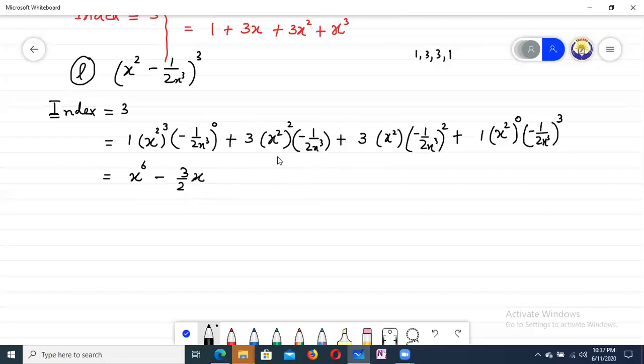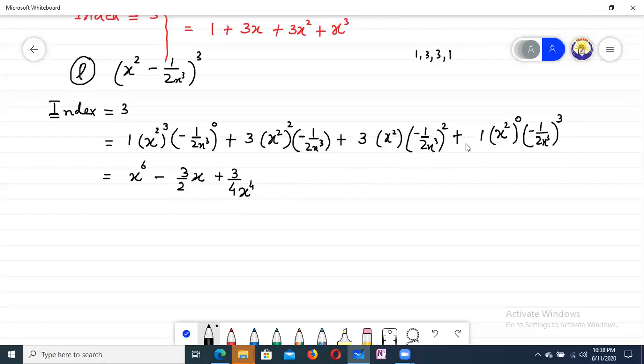Then this 3 as it is, plus 3 as it is divided by, here this minus square will be plus and 2 square is 4, divided by 4. Here is x square divided by this x cube all square, which is x raised to the power 6. X square divided by x raised to the power 6 will be in denominator x raised to the power 4. Here will be x raised to the power 4.